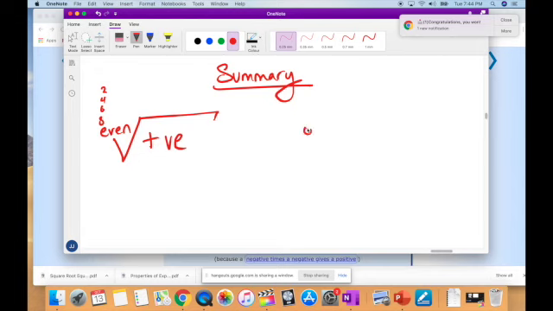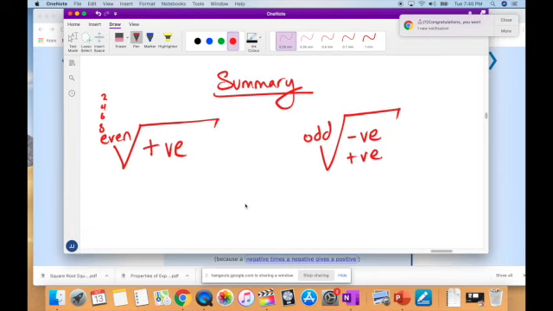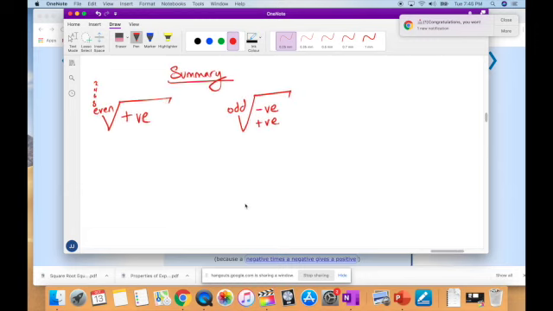But if you have an odd root, like 3 or 5 or 7, then you can have a negative inside of here, or you can have a positive inside of here. So everybody understands this?